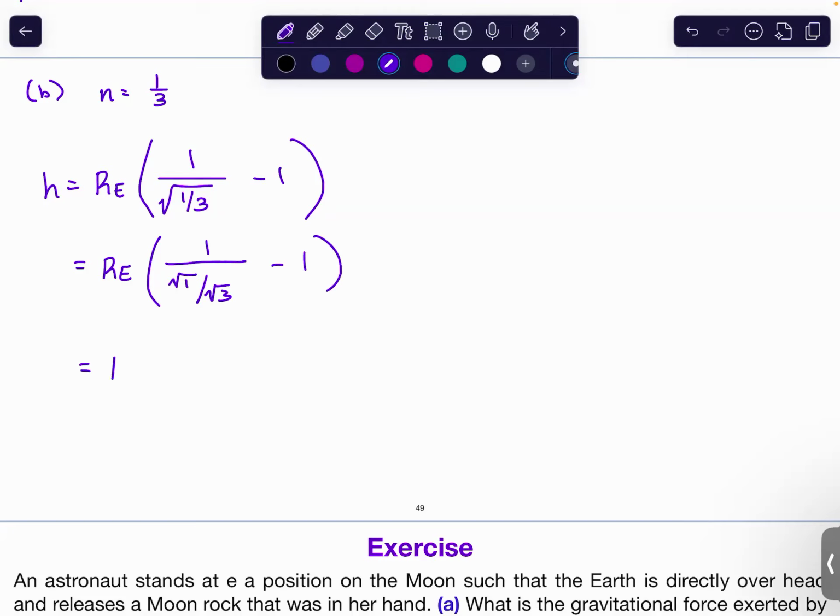Okay, that's going to give us the radius of the Earth with square root of 3 over square root of 1. Well, square root of 1 is just 1.